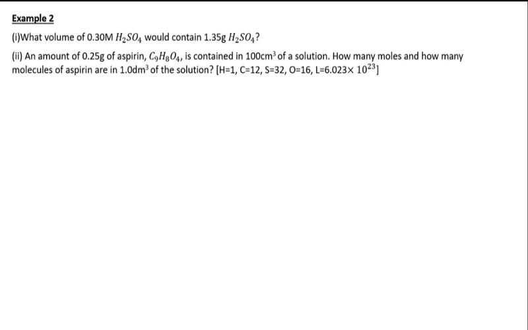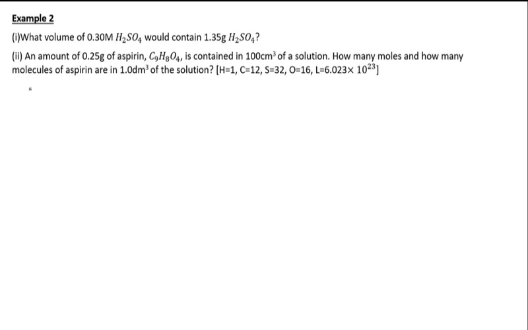How many moles and how many molecules of aspirin are in 1 dm³ of the solution, given that the relative atomic mass of hydrogen is 1, carbon is 12, sulfur is 32, oxygen is 16, and Avogadro's number is 6.023 multiplied by 10 raised to the power 23.